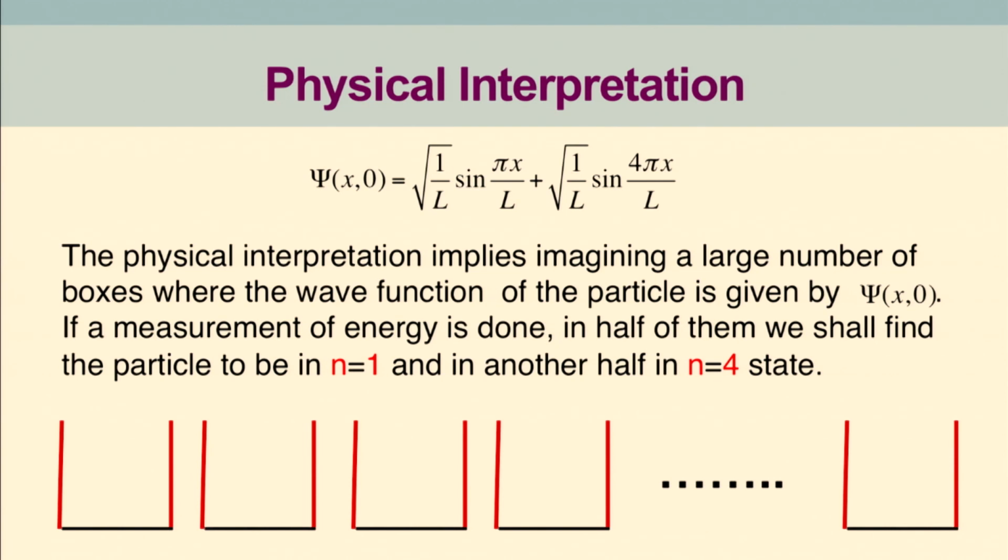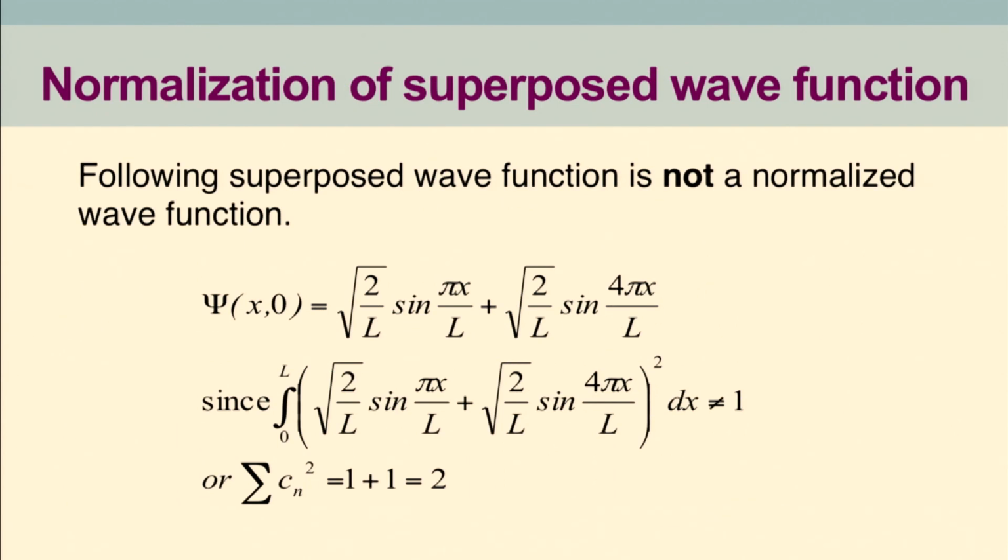Why is that? The reason being, if I go back here, you can see that the last equation is the summation over Cn squared equal to 1 plus 1 equal to 2.